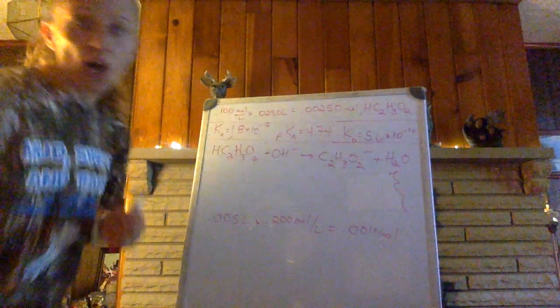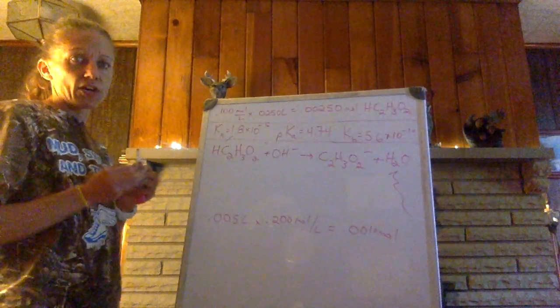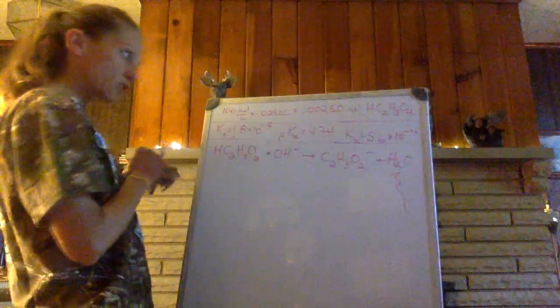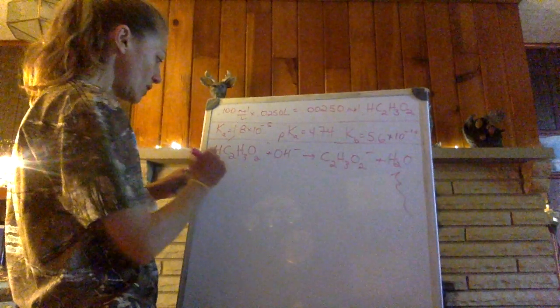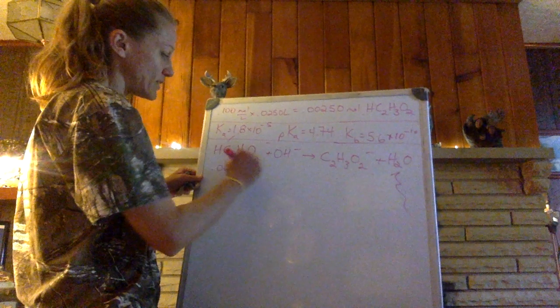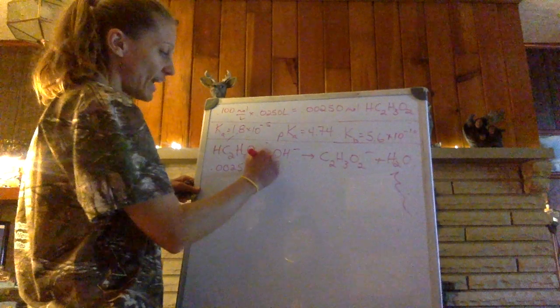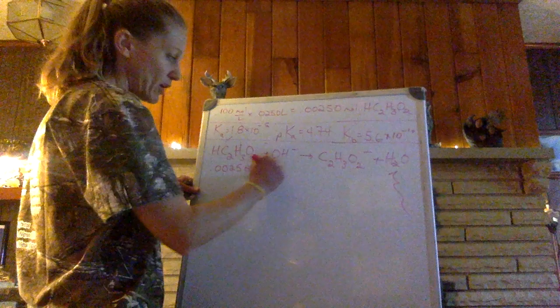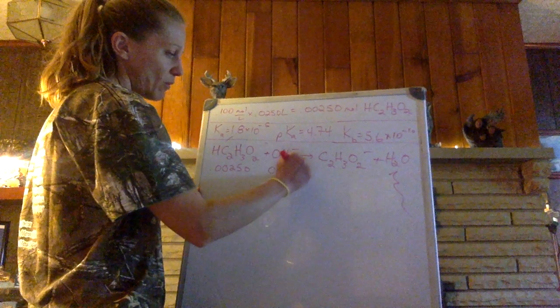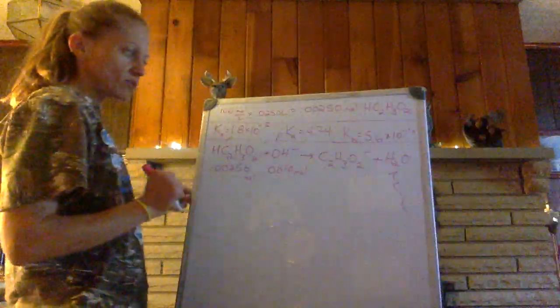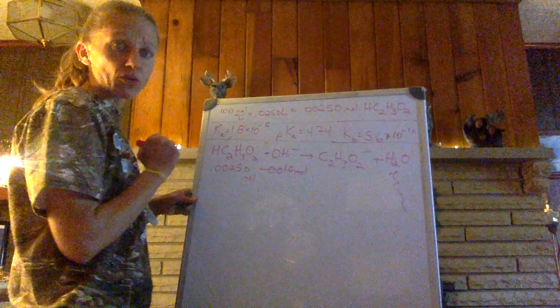I may not show the calculations for the molarities very often because I'm hoping you remember how to do those. So what did I start with? 0.00250 moles of acetic acid. I added 0.001 moles of OH. What this is going to do, that's going to go away. It's going to react.